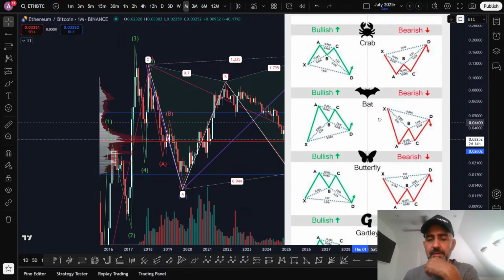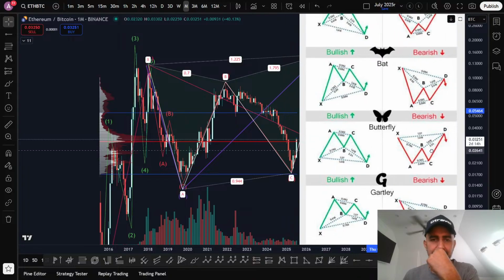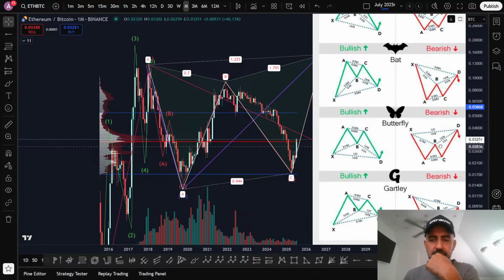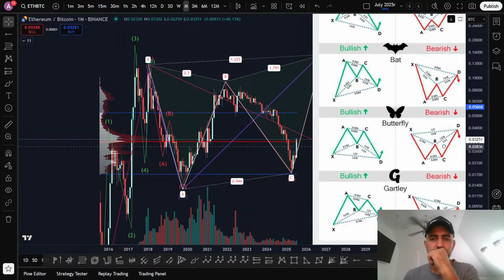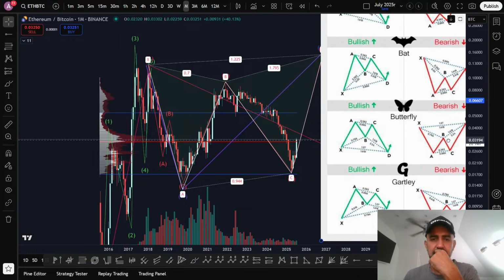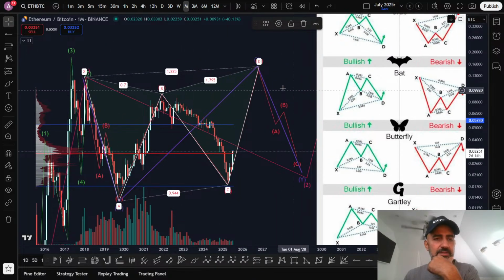It's not a crab. It's a butterfly. See that? It's a bearish butterfly. Possibly a bearish butterfly. But the D point has to take the X for that to be a valid shape.